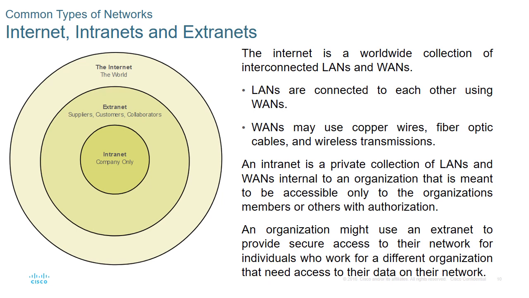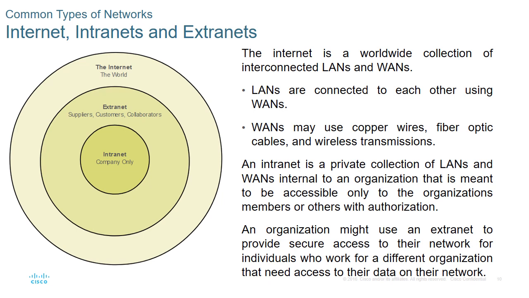An intranet is a private collection of LANs and WANs operated by a large company. It is internal to an organization and is meant to be accessible only to that organization's members.